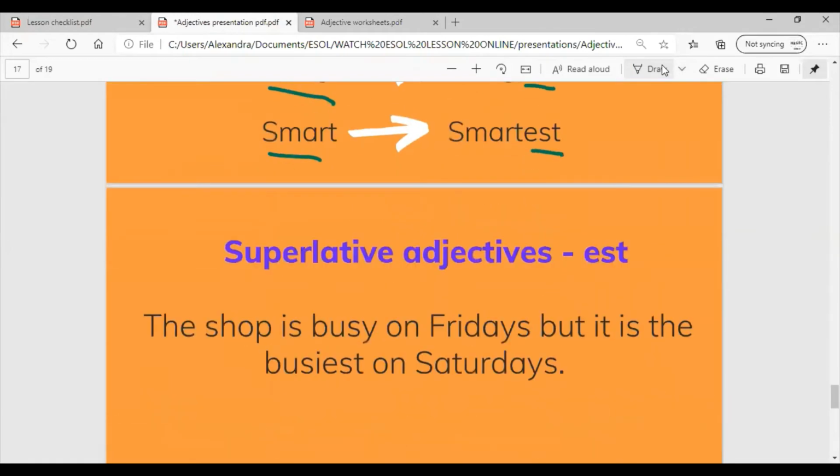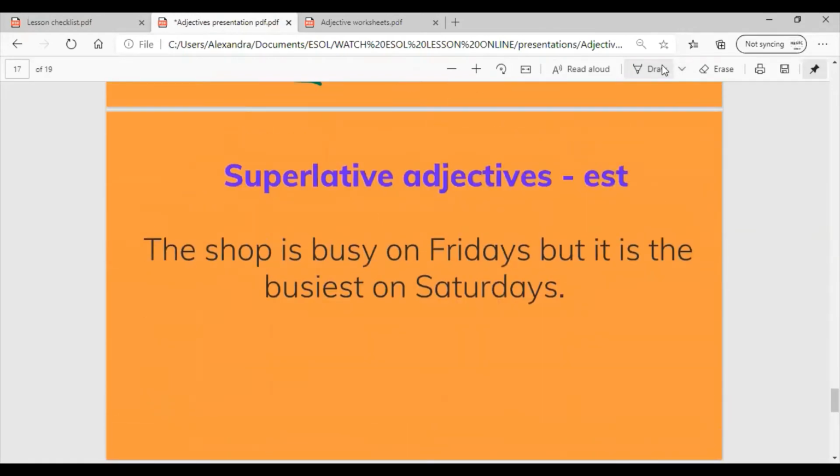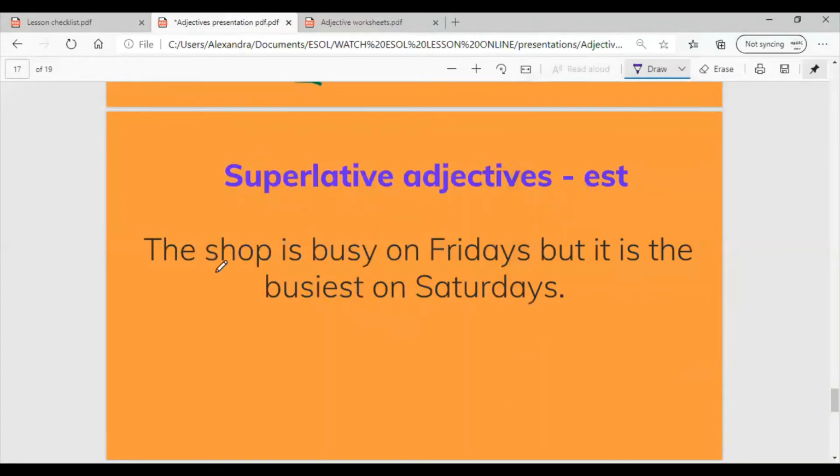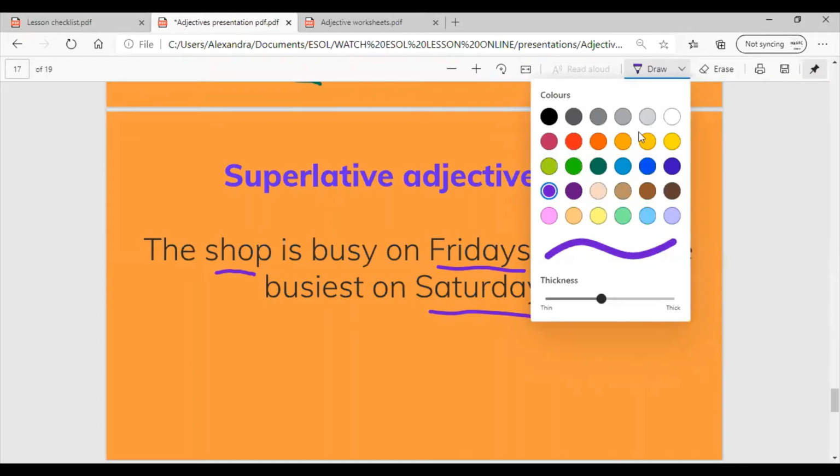Okay, so here's a sentence. We're going to do the same thing for this sentence, just to identify our nouns. So it's pretty much the same sentence, so we can identify our nouns. The shop is busy on Fridays, but it is the busiest on Saturdays. Okay, so those are our nouns. Now we're going to look for our adjectives.